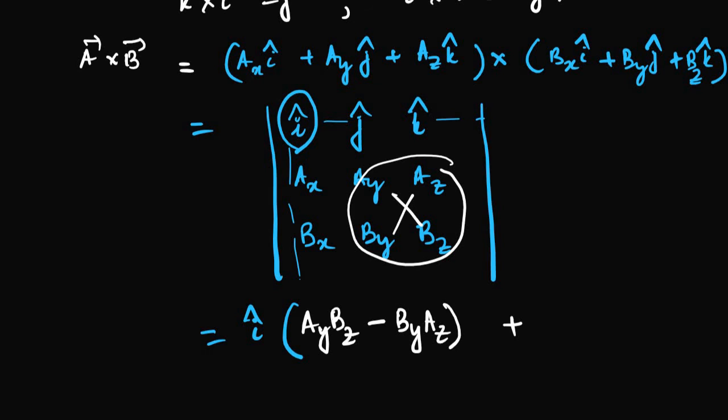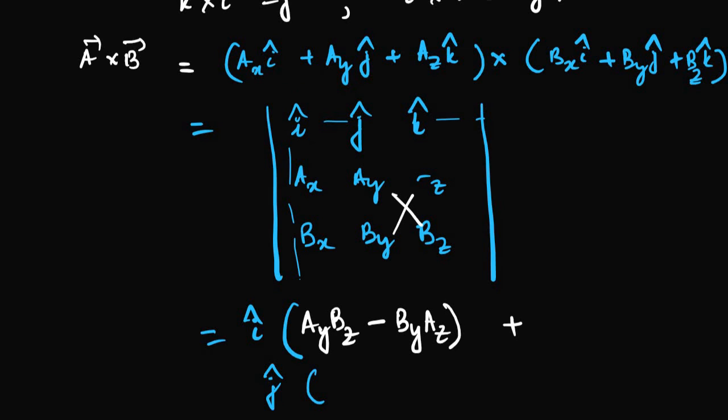Similarly, for the j component, what will I write? If I am taking the j component, how am I going to solve it? I am going to erase this so that it will be much easier for you to understand. Okay, so if I am taking the j component, then I will leave this row.